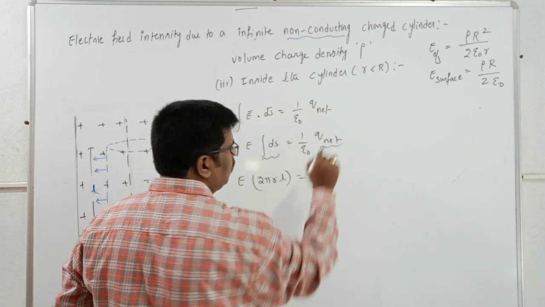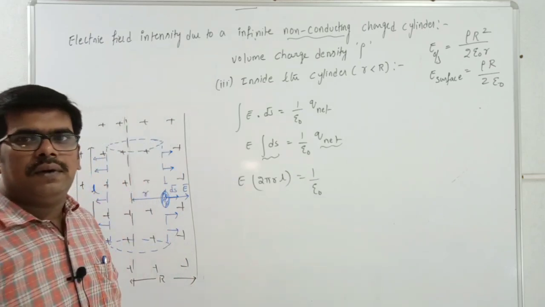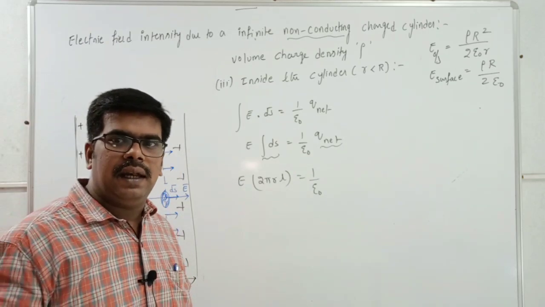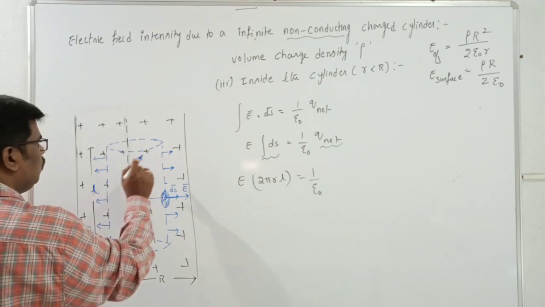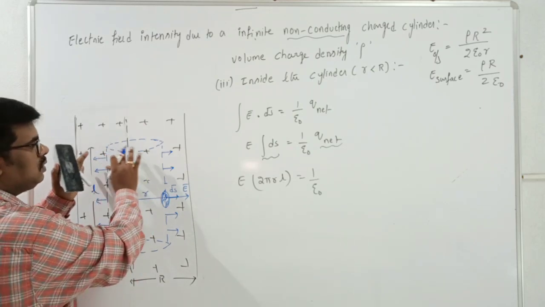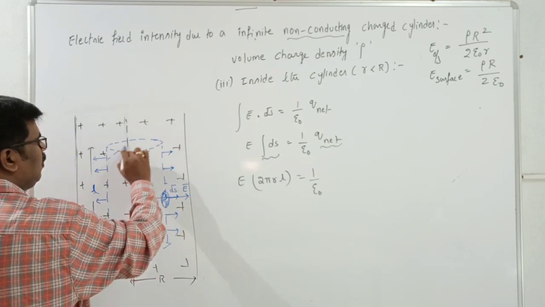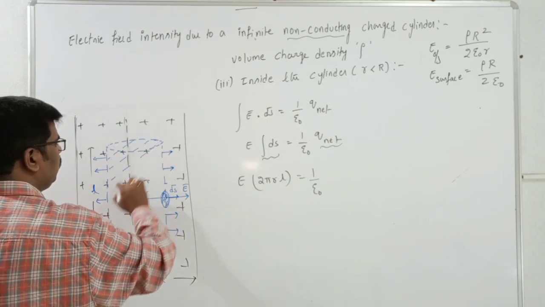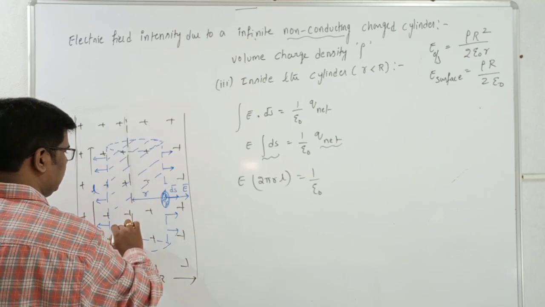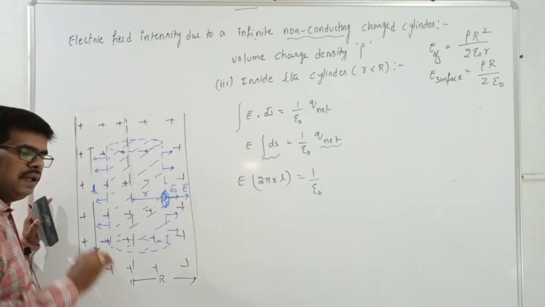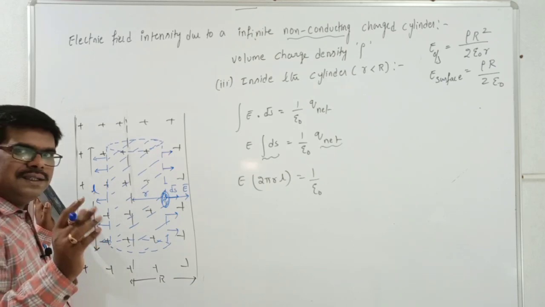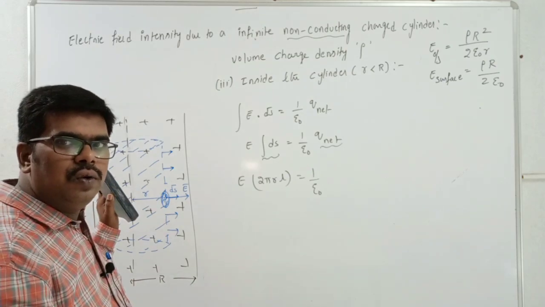What about the q net? The charge enclosed by this Gaussian surface, means we need not consider the charge of this entire cylinder. We have to consider only the charge enclosed by this Gaussian surface. The charge enclosed means charge density into volume.